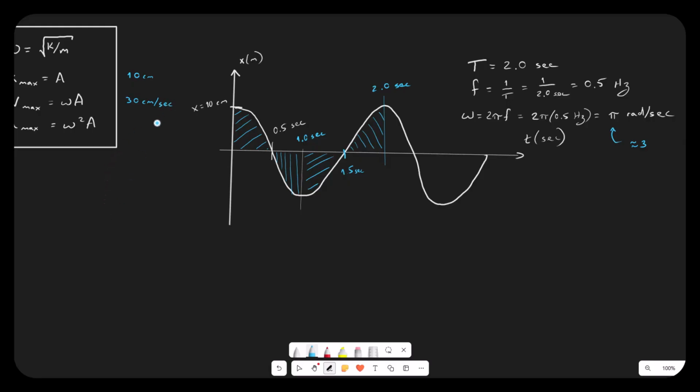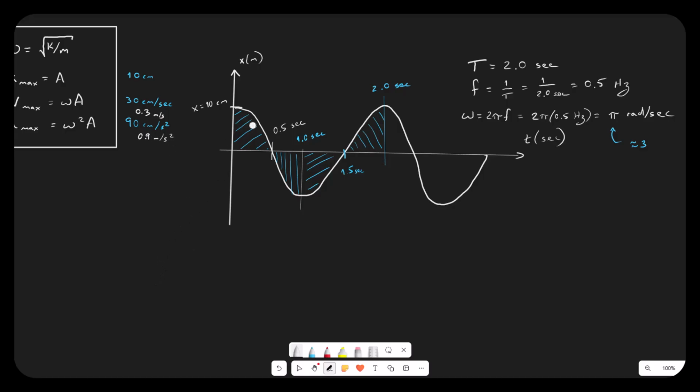Or if you like, 0.3 meters per second. Omega squared, well, if omega is 3, 3 squared is 9, times 10 centimeters, this is going to be 90 centimeters per second squared. Or, you know, we can write these a little bit differently. We can say this is 0.3 meters per second, and this is 0.9 meters per second squared.